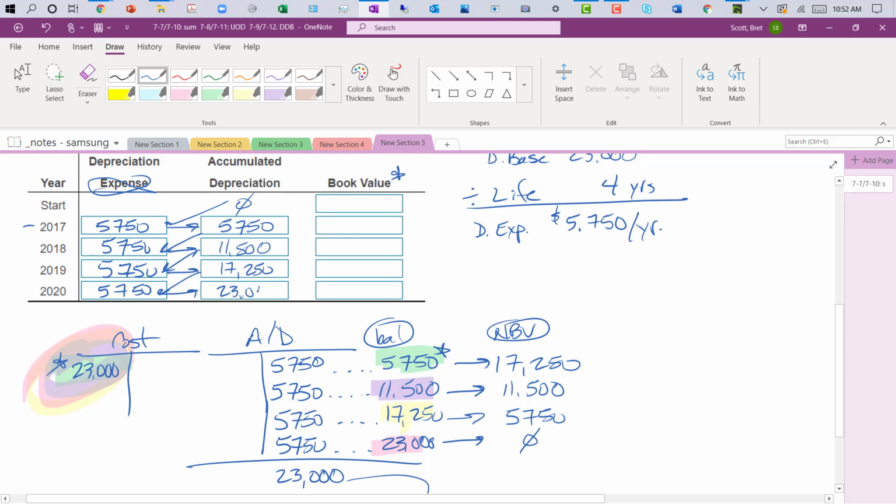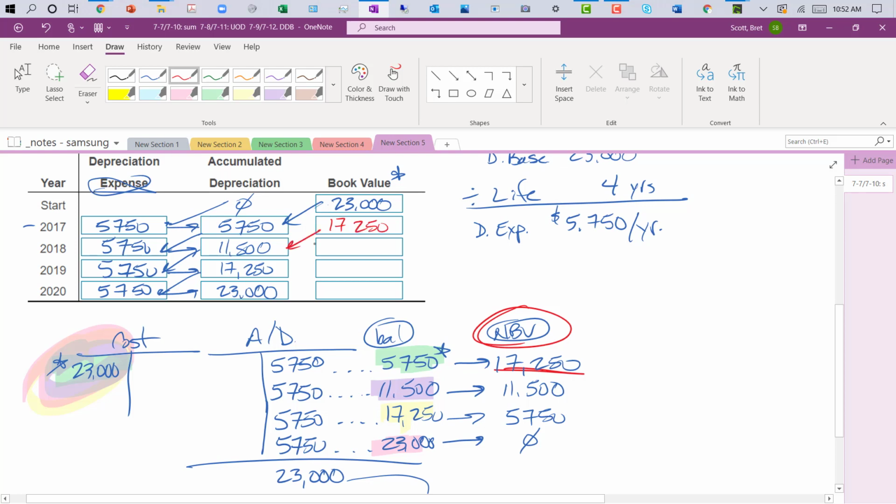23,000. What's my net book value? Well, at the start, it was $23,000. Okay. There was no accumulated depreciation, right? So 23,000 minus the accumulated depreciation. My book value is now 17,250. And that's where this is coming from, by the way, is over here. So 17,250.